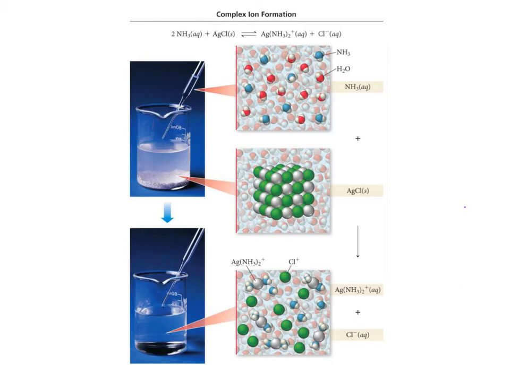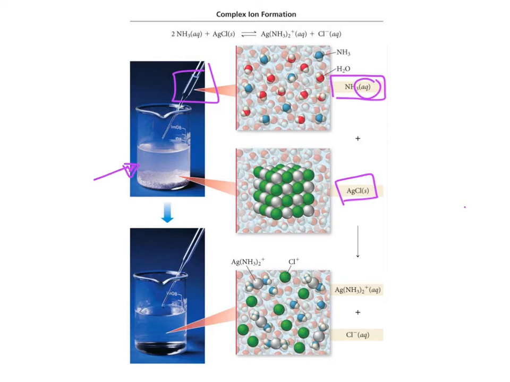So first we would have NH3 in solution, aqueous in water. So here we have that ammonia solution up here. And then down here in this beaker, we have solid silver chloride. Solid silver chloride is sparingly soluble, so most of it will be solid, and then there will be some dissolved in solution.